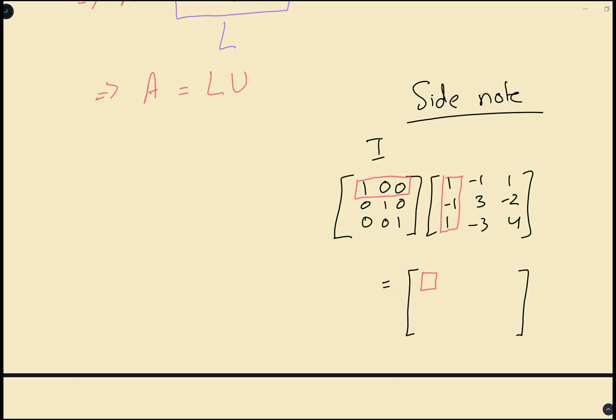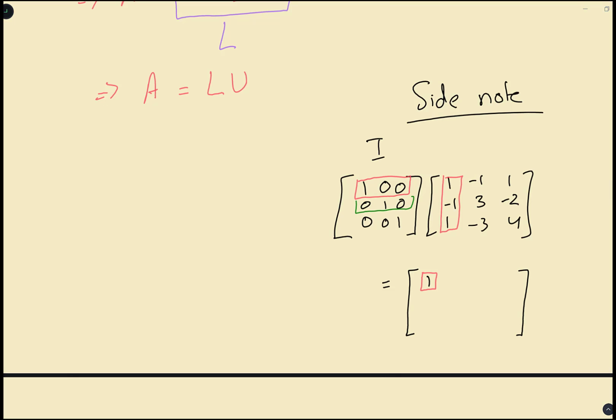All right? So 1 times 1 plus 0 times 1 plus 0 times 1 will give us essentially just a 1 here. You do the same thing for every row here.